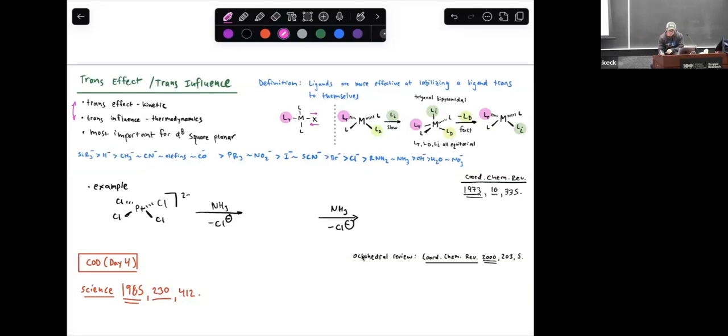The ligands that are best at labilizing ligands trans to them have, and you see that we have this case study of CO being a better trans effect ligand than phosphine. So there they are. This is an empirical trend, and at first pass it looks kind of similar to the spectrochemical series, although it is not equivalent.